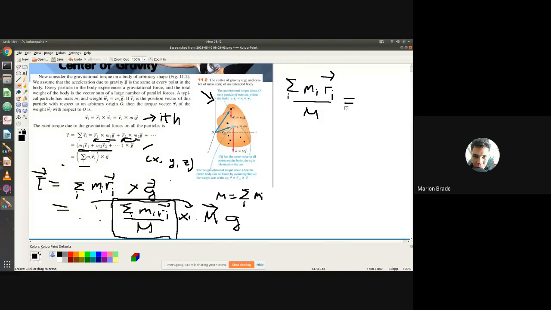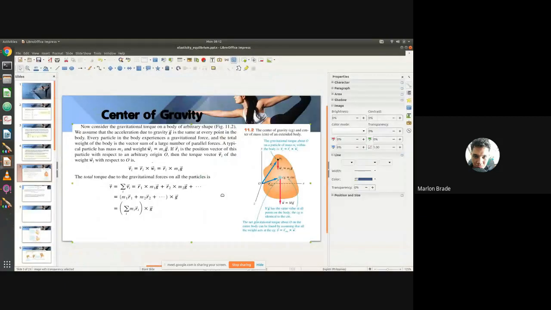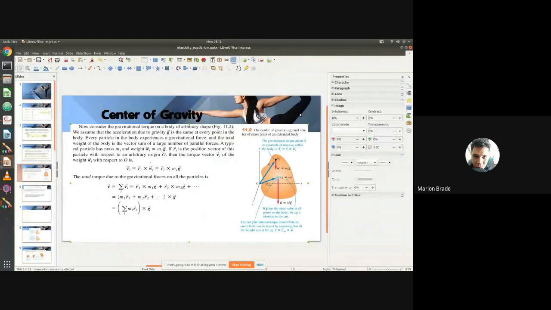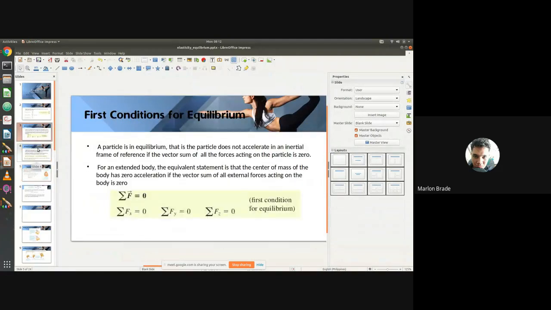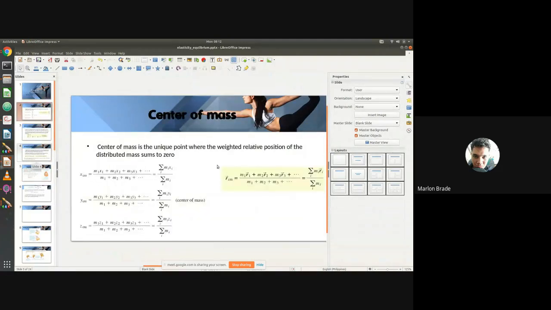So actually, unsa man ni siya na-discuss ito ni from ganina no? So this is actually the vector connecting the center of mass and the origin.